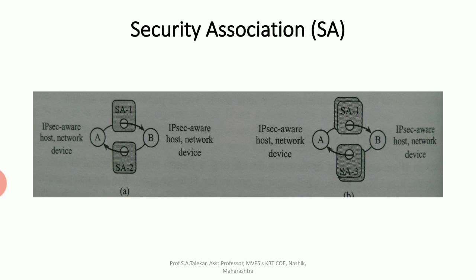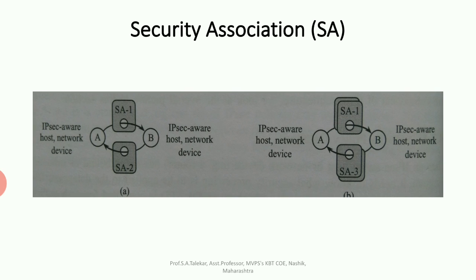You can see in the diagram, figure A and figure B. Figure A shows IPsec aware host or network device A and another IPsec aware host or network device B, with security associations 1 and 2 between A and B. There are two IPsec protocols, authentication header and encapsulating security payload, and there is a separate security association for each IPsec protocol.